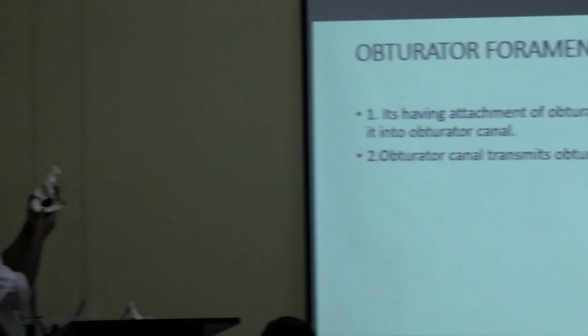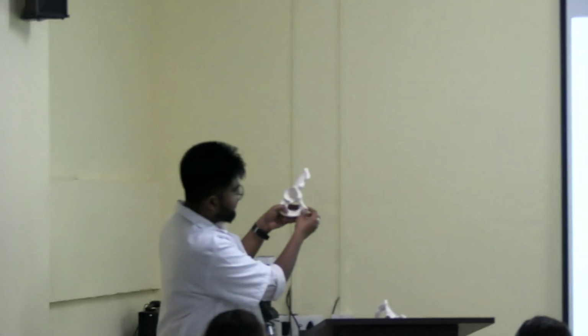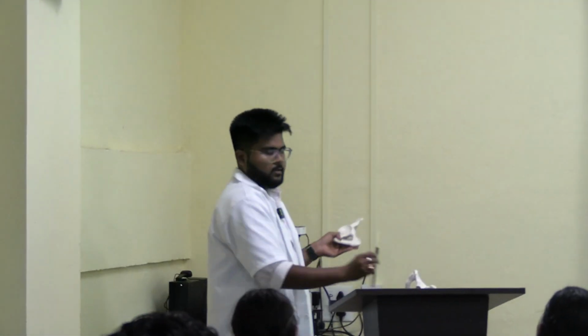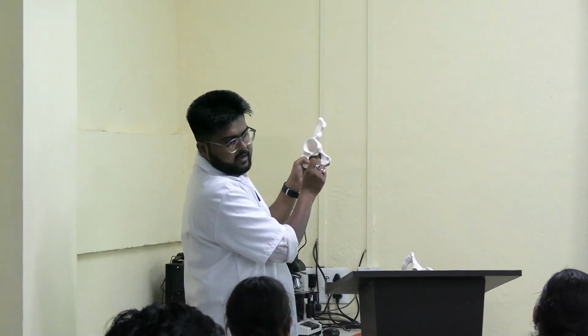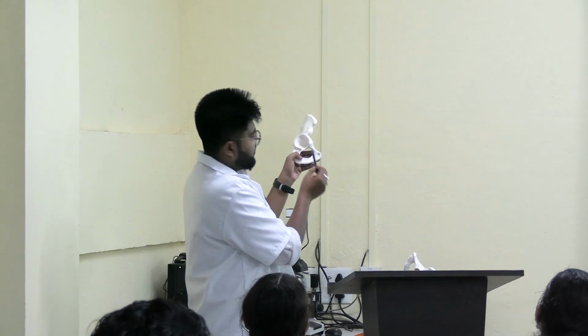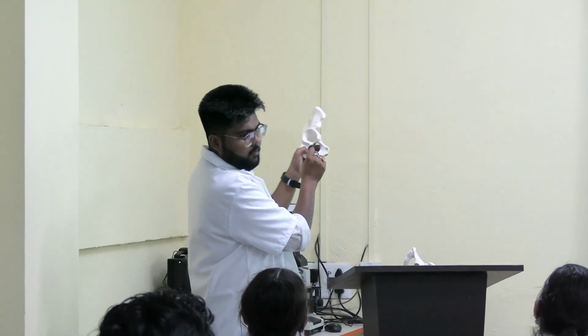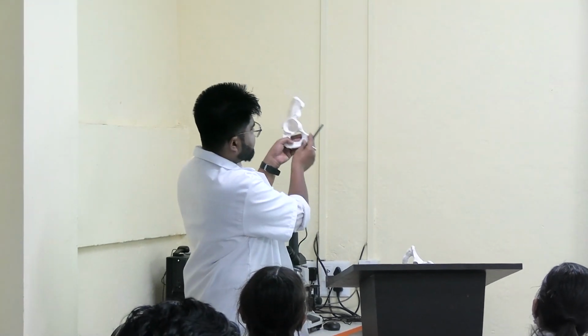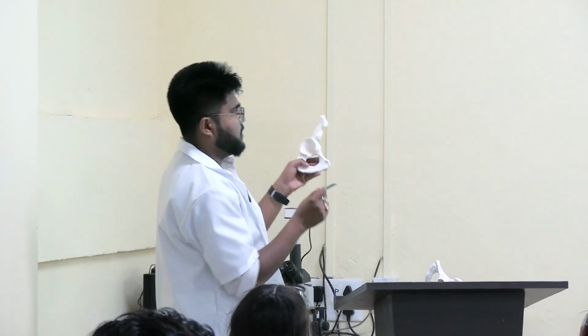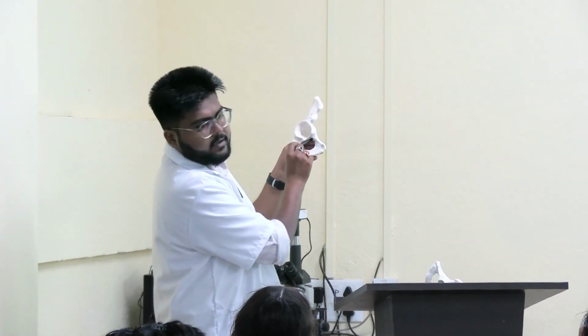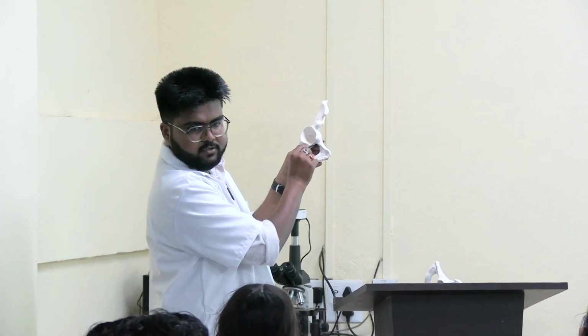This whole obturator foramen is covered by obturator membrane. Okay. But one part here, this is called obturator canal or obturator groove. This part is open, and the whole other part is covered by obturator membrane. So here obturator nerve and vessels pass through this canal.